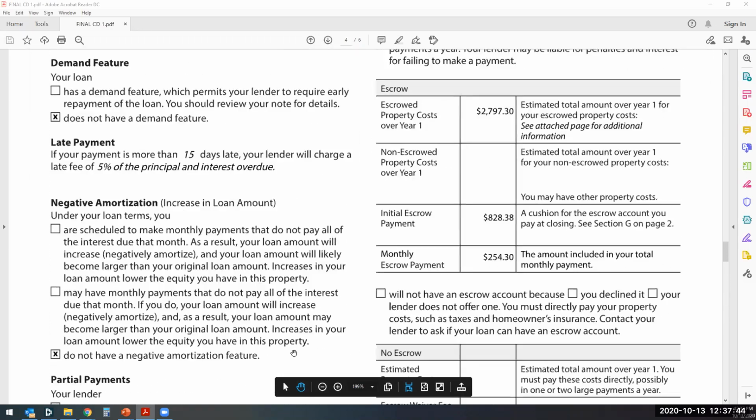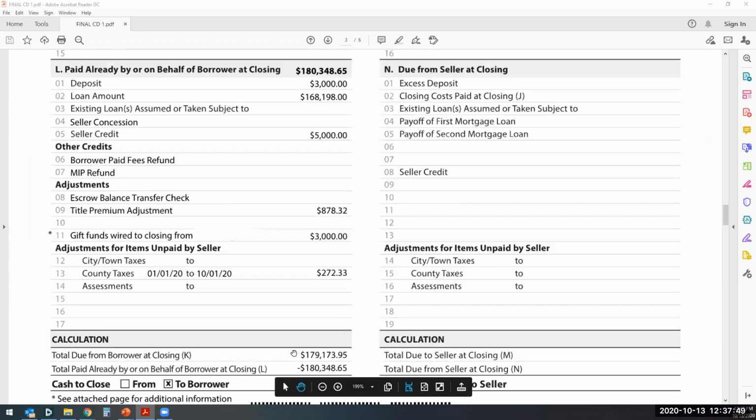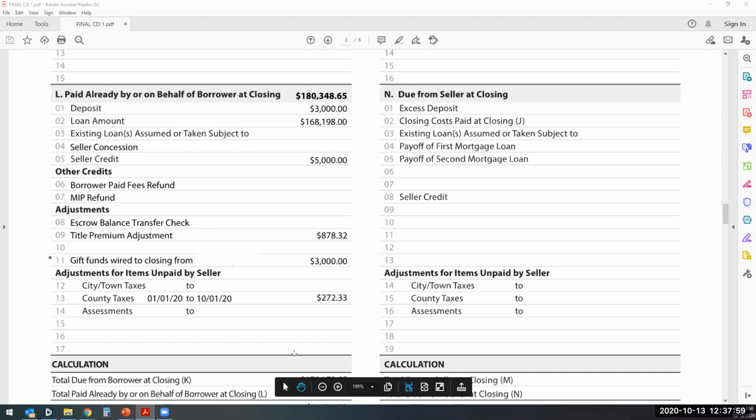Okay, very important, it is all your prepaids. So I always, as a lender, look at my page 3, because I want to make sure that the title company has not missed the credits. If the seller is giving a credit, you have to make sure it's in there.